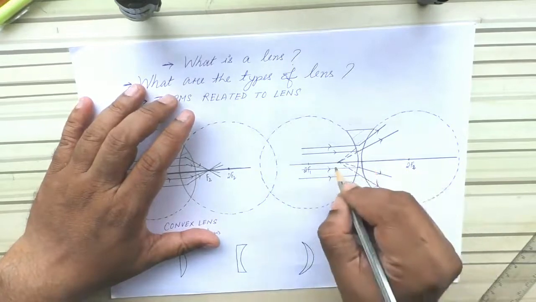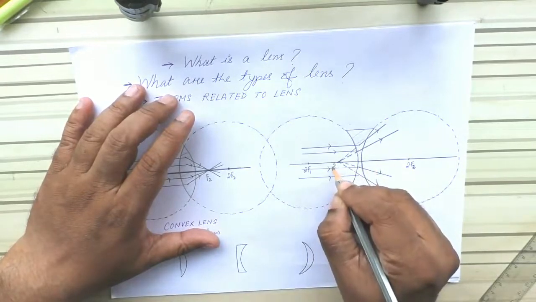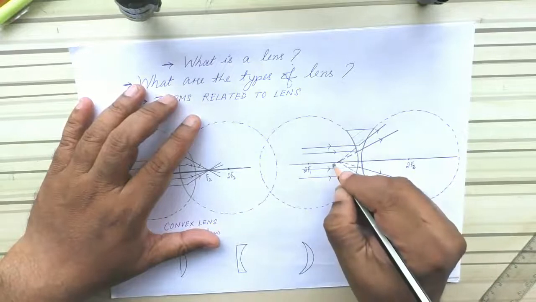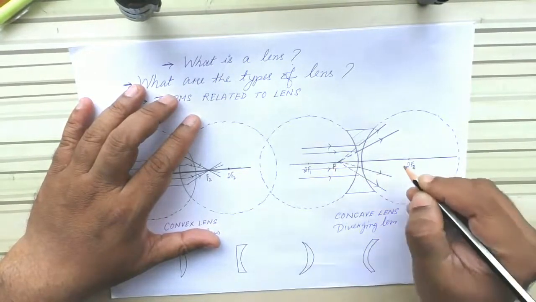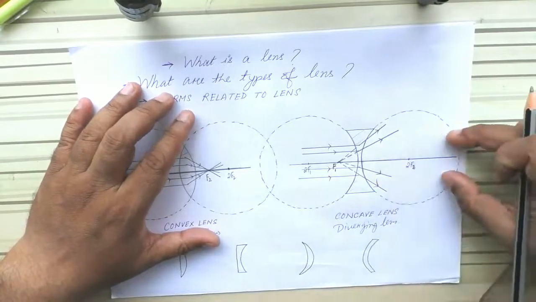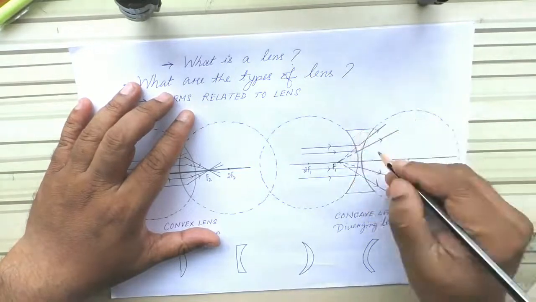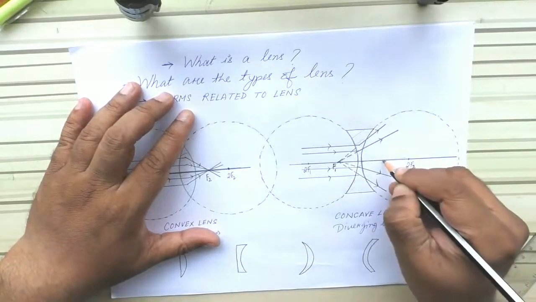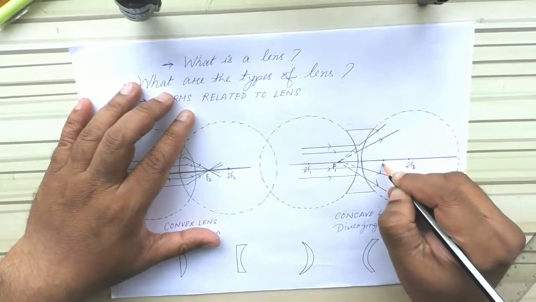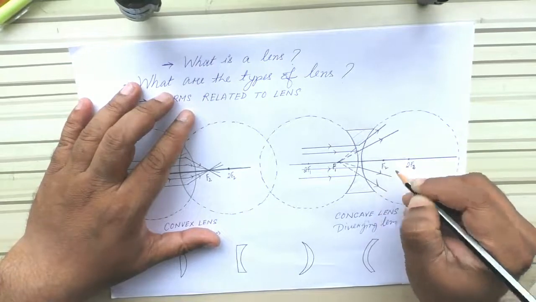In case of a concave lens, this point can be denoted as F1. Similarly, if I allow a parallel beam of light to fall from this side, parallel to the principal axis, the light rays will appear to diverge from a point, and this point can be considered as F2.